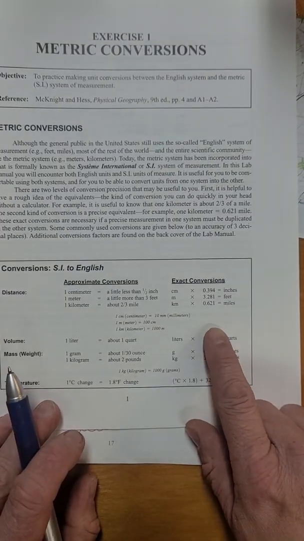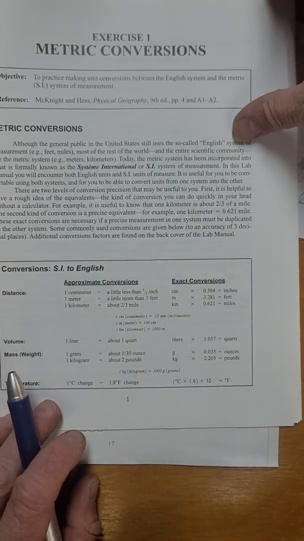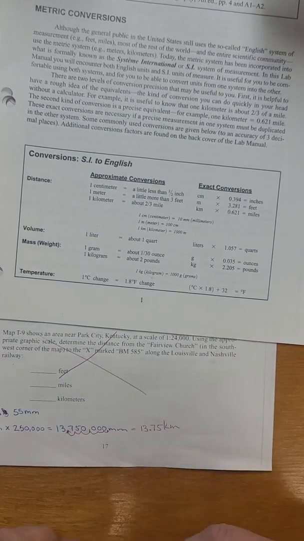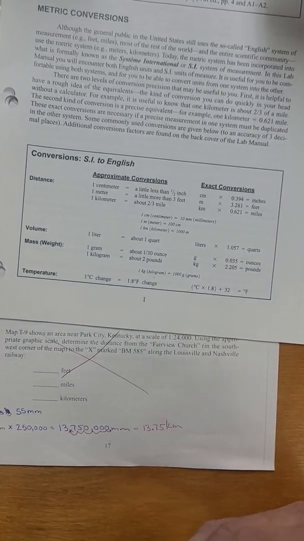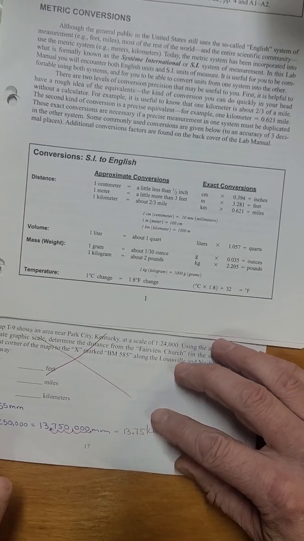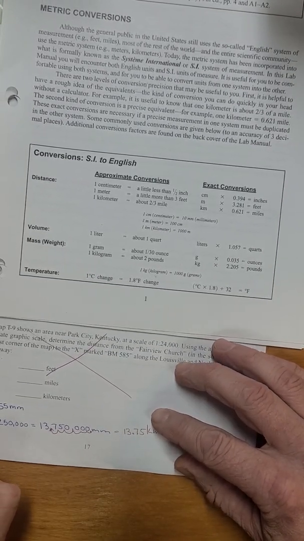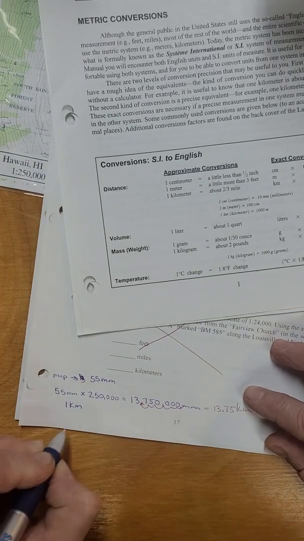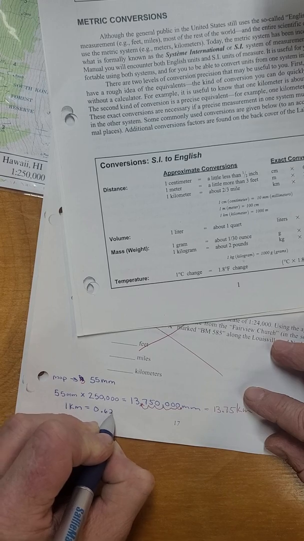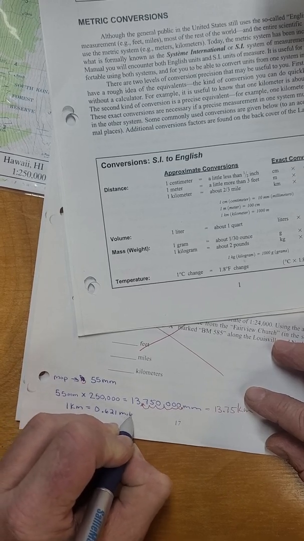What does this mean if we do it Ammo's way with the magic box? Well, it means that 1 kilometer equals 0.621 miles. Okay?